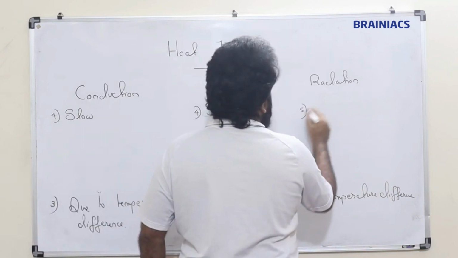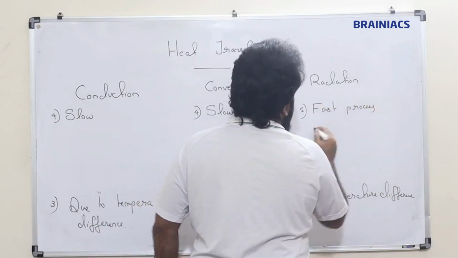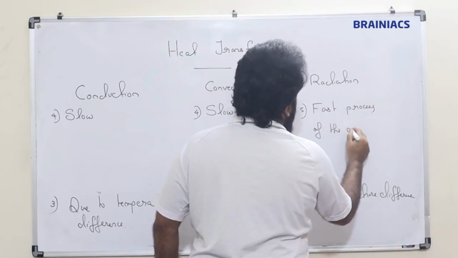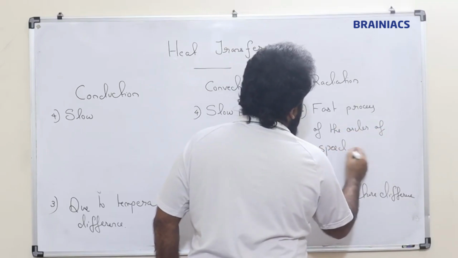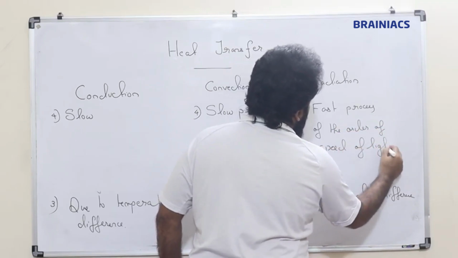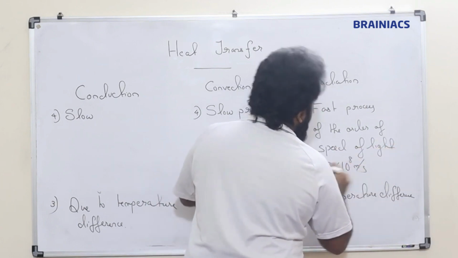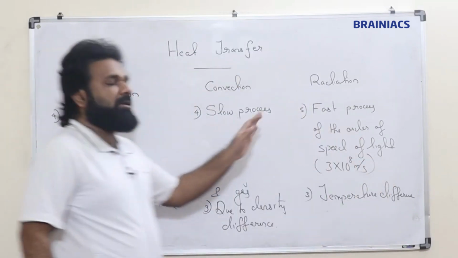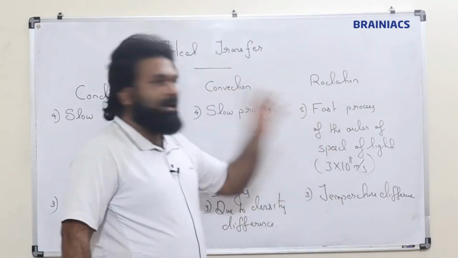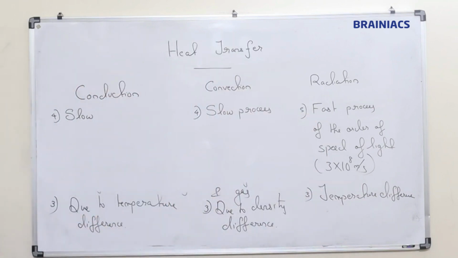This is a fast process, of the order of the speed of light, we can say. We could say 3 into 10 raised to 8 meter per second rate. So almost at that speed radiations will be coming. Electromagnetic waves will be coming at this speed. Light is also an electromagnetic wave, right?